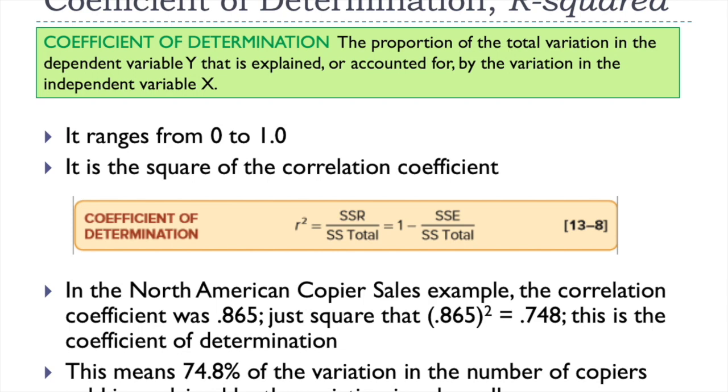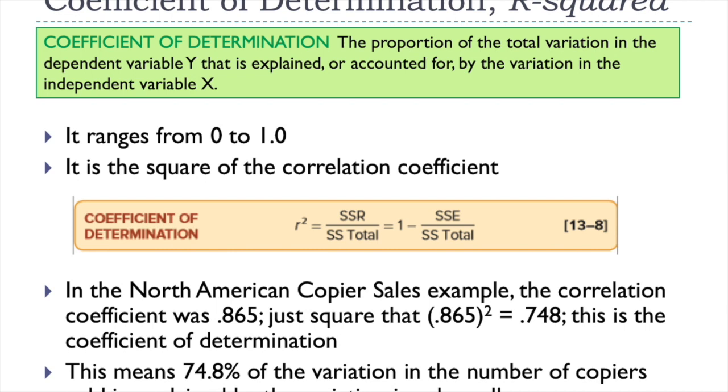And this is going to show us the proportion of the total variation in our dependent variable Y that is explained or accounted for by the variation in our independent variable X. It'll range from values of 0 up to a value of 1. Again, it's the square of the correlation coefficient, so that's why it's called R squared.